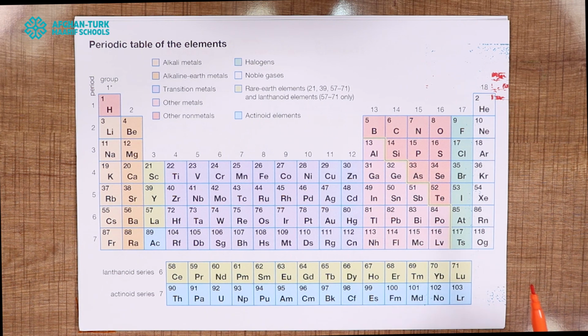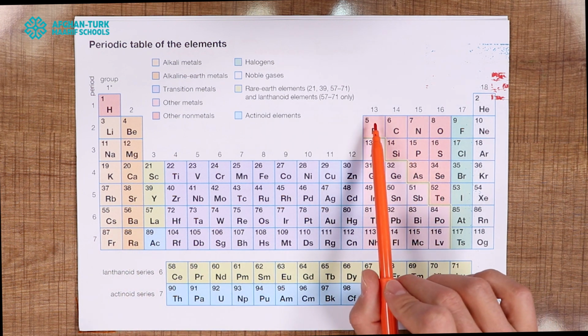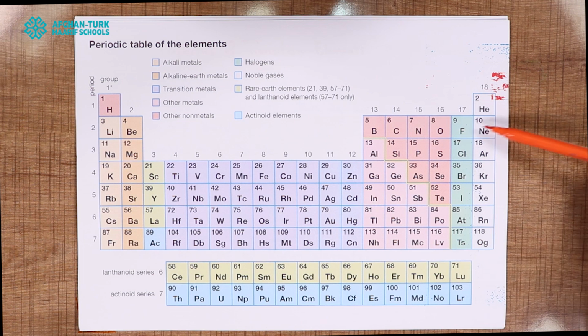This is the modern periodic table of the elements. You can see that these two groups or columns are known as S block because their electronic configuration ends in the S orbital. And from here, from 13 to 18, these six groups are known as P block elements because their electronic configuration ends in the P subshell.